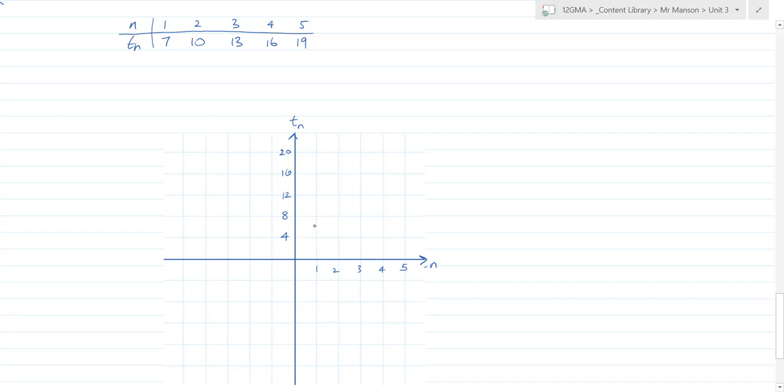The second term is 10, which is there. Third term is 13, and then 16, and then 19. And my sequence graphically looks like that. And that's all I had to do. That shouldn't take you any more than 2 minutes, as long as you know what you're doing. Are there any questions?